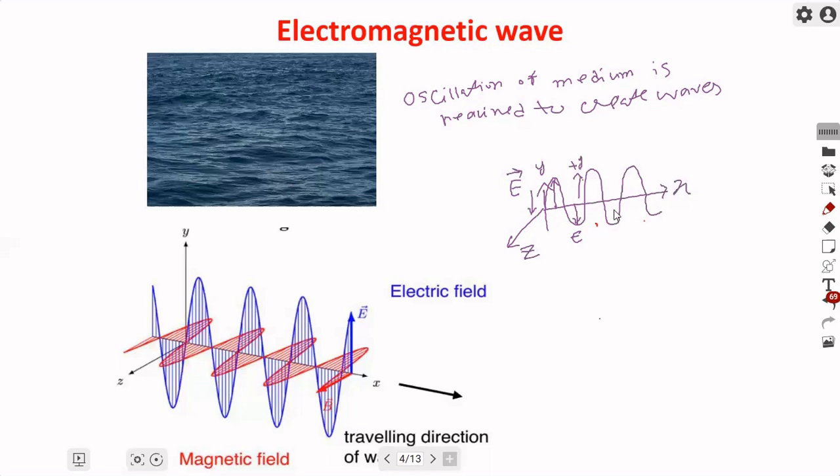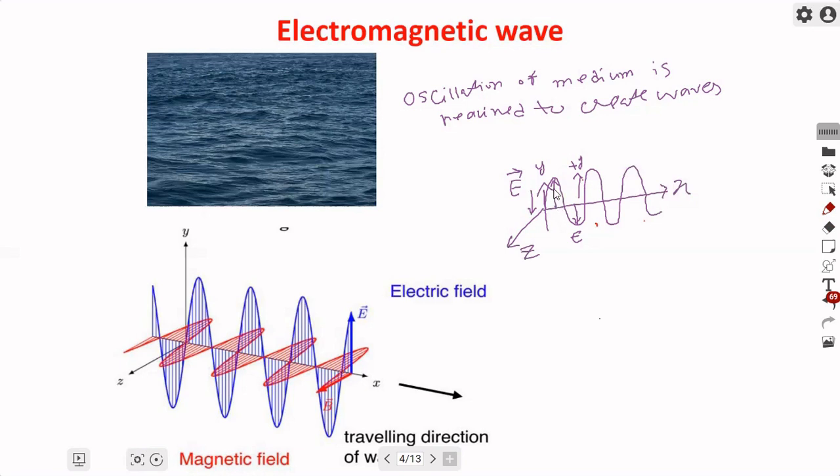So along with this electric field, the current is also changing its direction, right? We know from electromagnetic theory that when current changes with time, it also creates a magnetic field along with it.